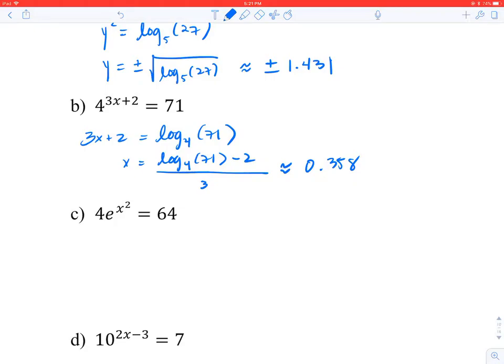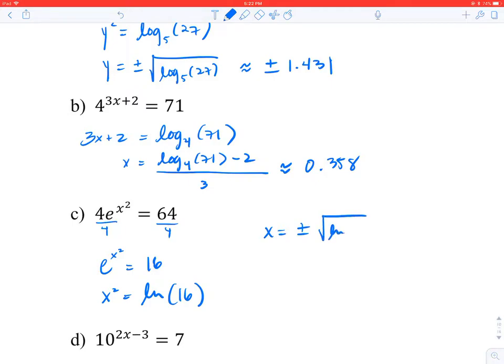Okay, before we can take the natural log, here we need to divide by 4 on each side of the equation to isolate e to the x squared. 64 divided by 4, having a brain fart, 16, that's right. So then x squared is equal to ln of 16.